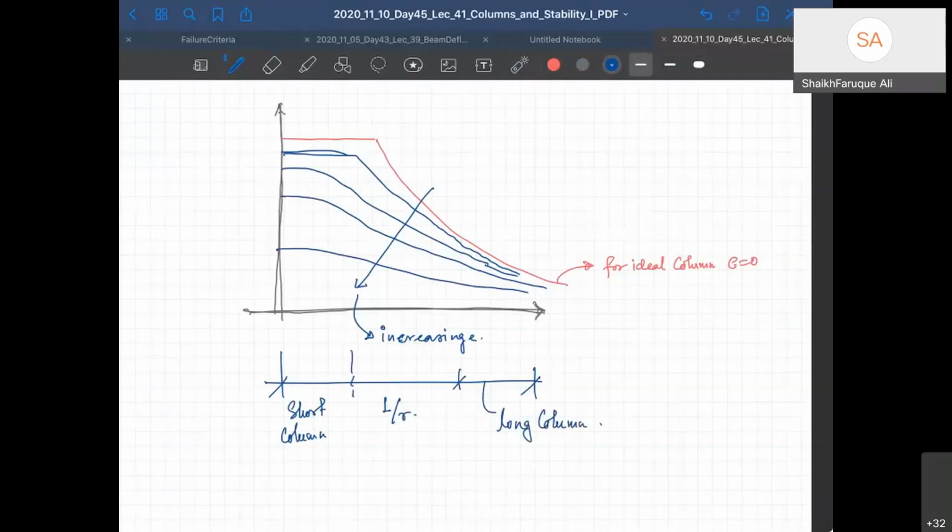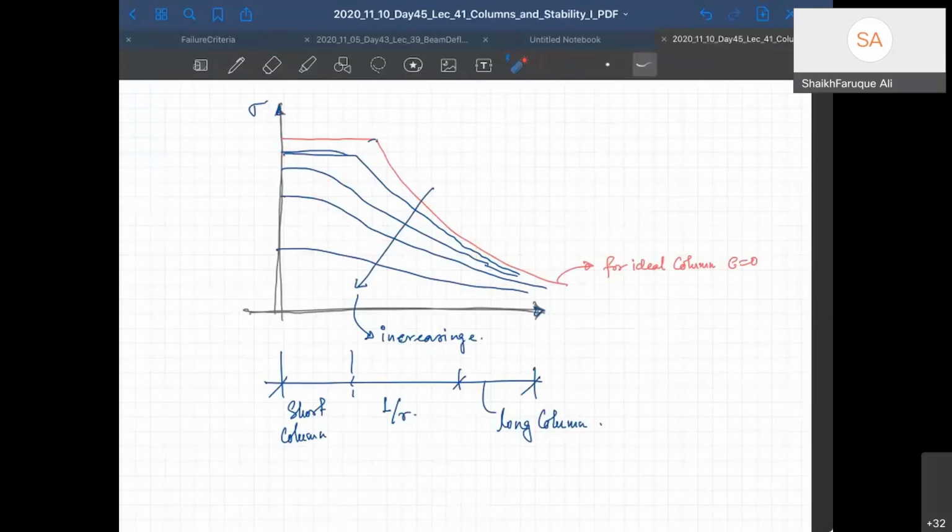And this is your sigma stress. As you can see, the eccentricity 0 gives me the limiting boundary for these curves. But as you increase your eccentricity, you get lower and lower curves. The effect is more when you have short columns, but when you have long columns, the effects are less.